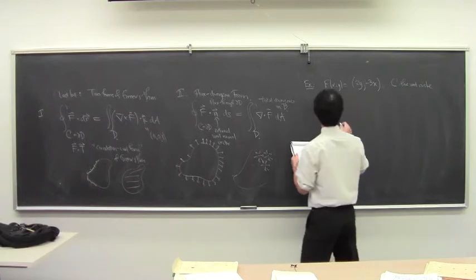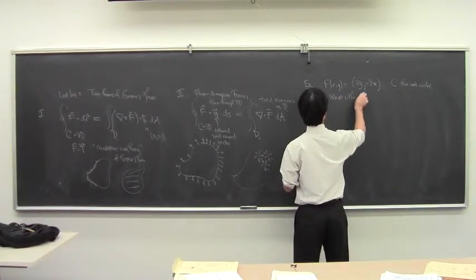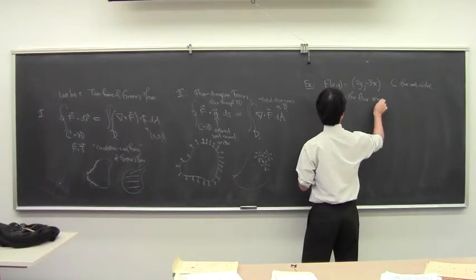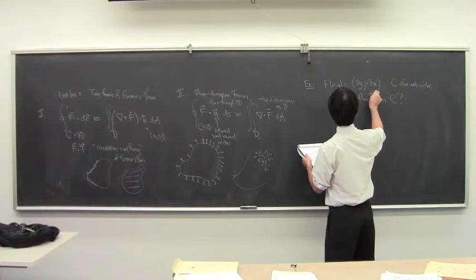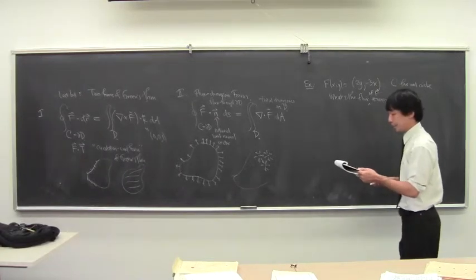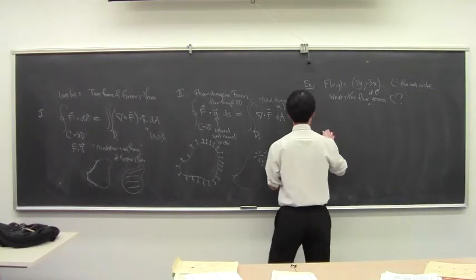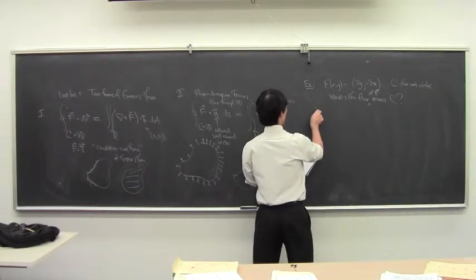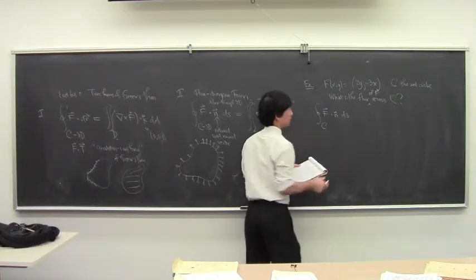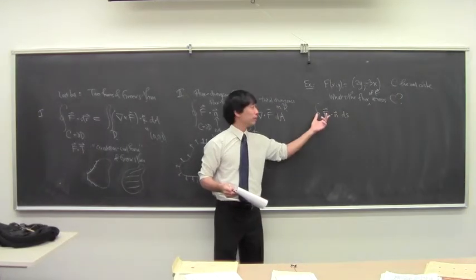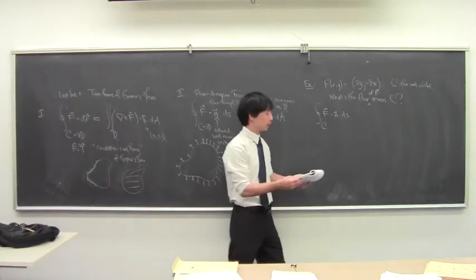Our question is, what's the flux of F across C? If you want to calculate it, we can calculate it in the standard way. The flux is this line integral, and so we can do it.